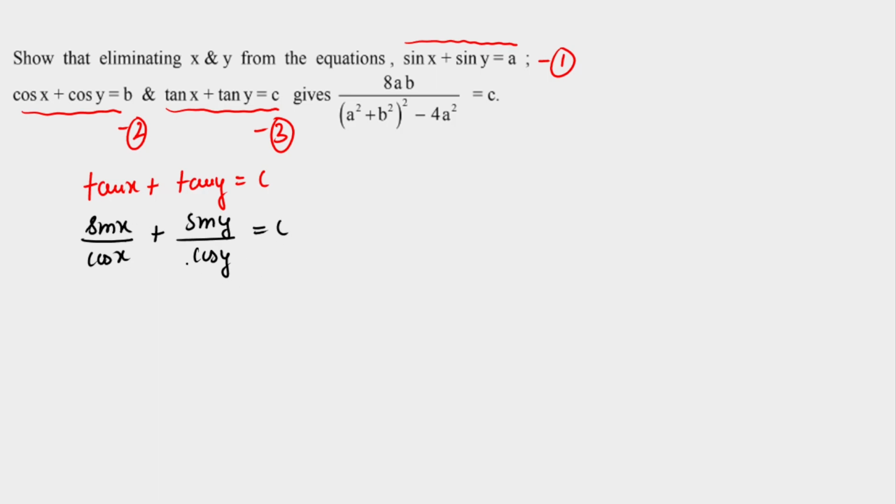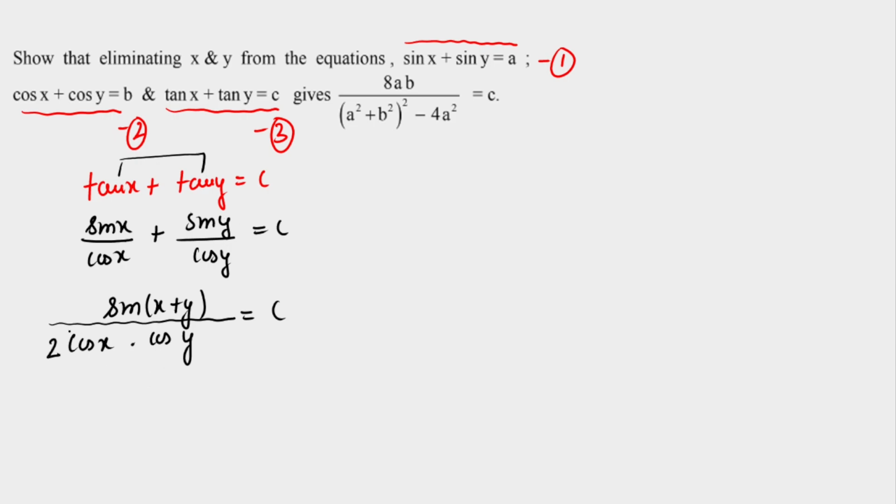So you'll get sine x cos y plus sine y cos x, which is the expansion of sine of x plus y, whole divided by cos of x multiplied by cos of y, is equal to c. In general, I remember this result: tan of x plus tan of y is equal to sine of x plus y upon cos x cos y. You can remember this as a direct result, or you can take the LCM and calculate this.